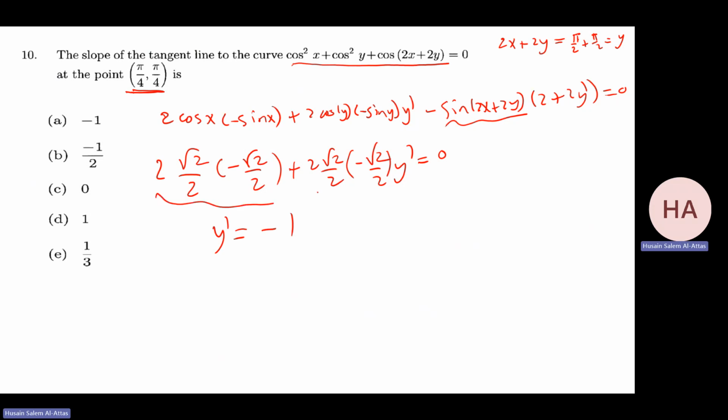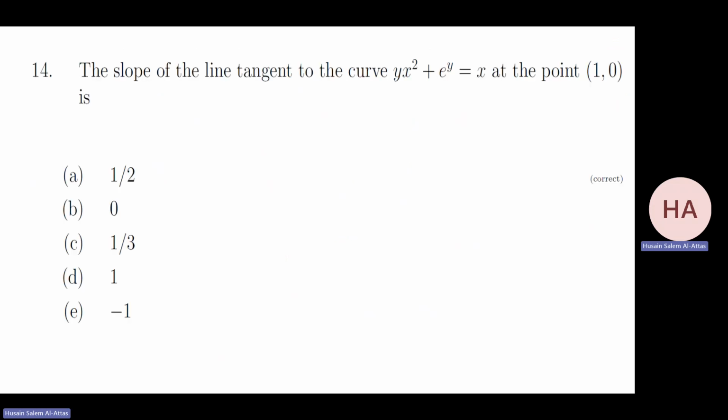This is the same as this, cancelled. So this is what? Minus 1 minus y prime equals 0. So y prime equals minus 1. That's it. The slope of the line tangent to the curve at the point S. Same thing. Differentiate with respect to x.